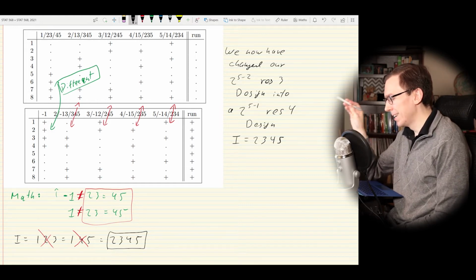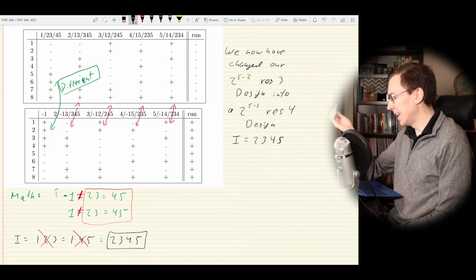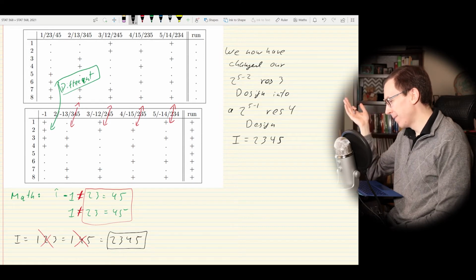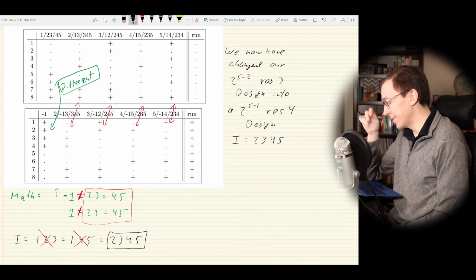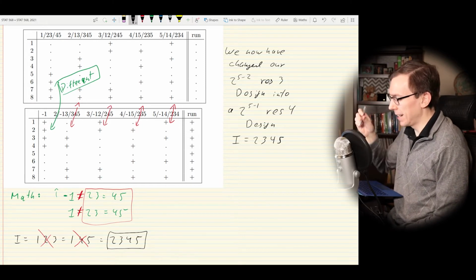So in that case, we now have a much nicer setting for our design. And any two-way interaction involving 1 would also be strongly clear, because it would be aliased with an effect of order 4. So yeah, this makes the design much nicer.